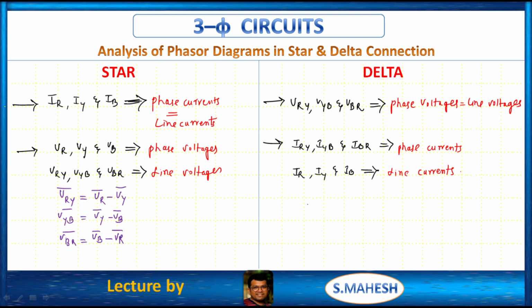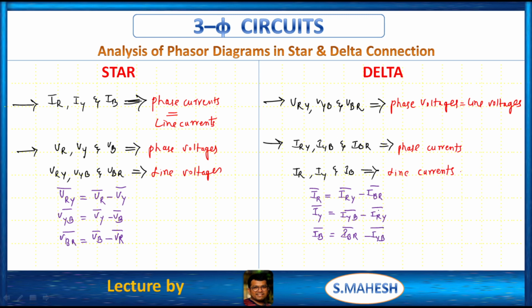Here also, to get line current IR, it is the vector difference of two phase currents, that is IRY minus IBR. Like that, IY is equal to IYB minus IRY. Clear? To get IB, we have IBR minus IYB.